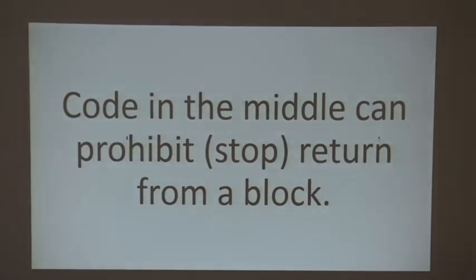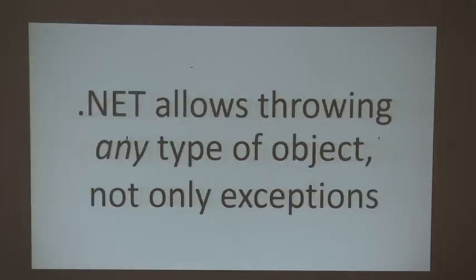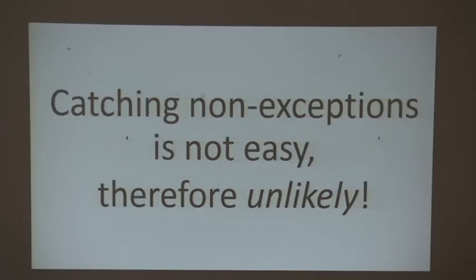So it can prohibit return from the block. .NET, luckily for us, allows any type of object to be thrown, not only exceptions. And catching non-exceptions in .NET is not easy, and therefore unlikely to happen. So that's good for us.